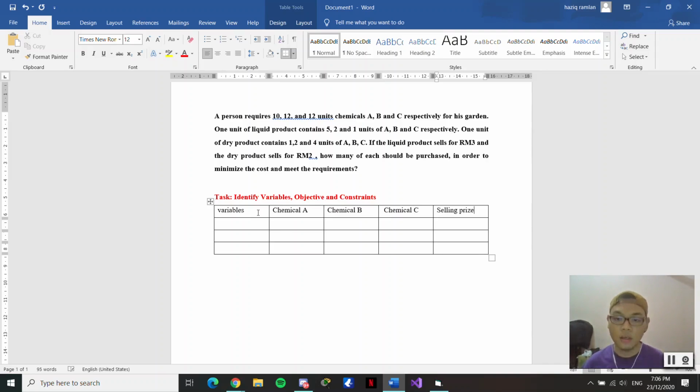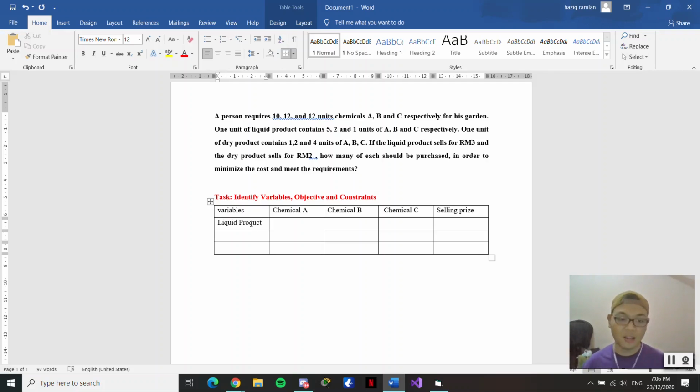Alright, so for the variables, it already says product. Over here it says liquid product and dry product, so we're going to put liquid and dry over here down.